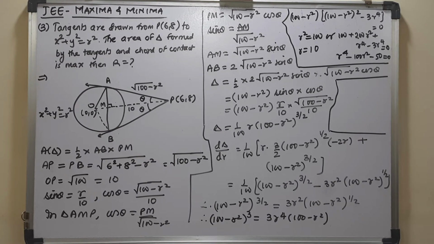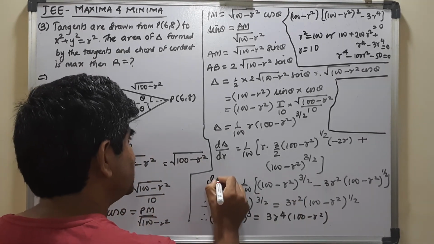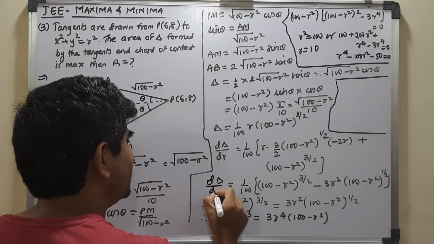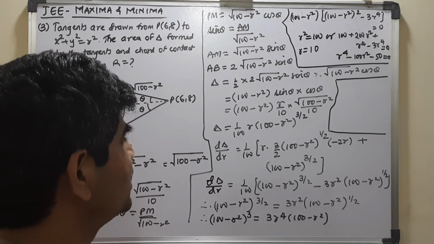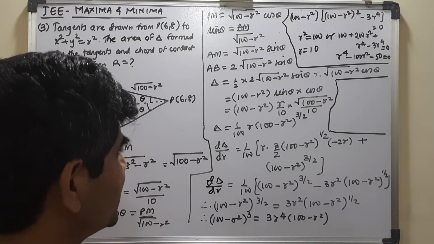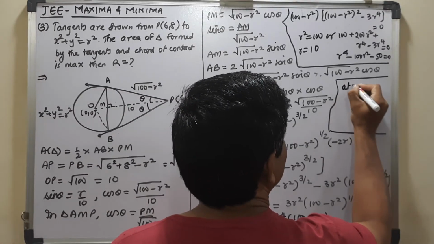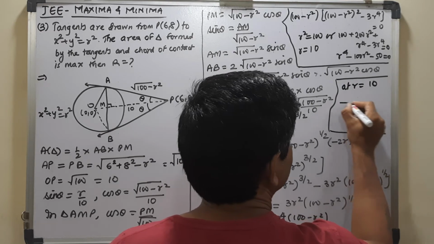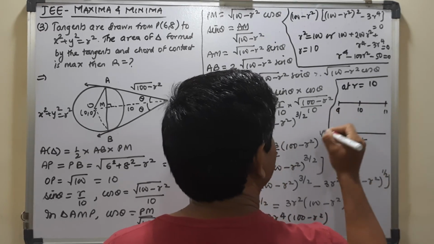So this is your function over here, this is your dr by d theta, this is d theta by dr, and I have a point r is equal to 10. So this is my 10, this is my 11, and this is my 9.